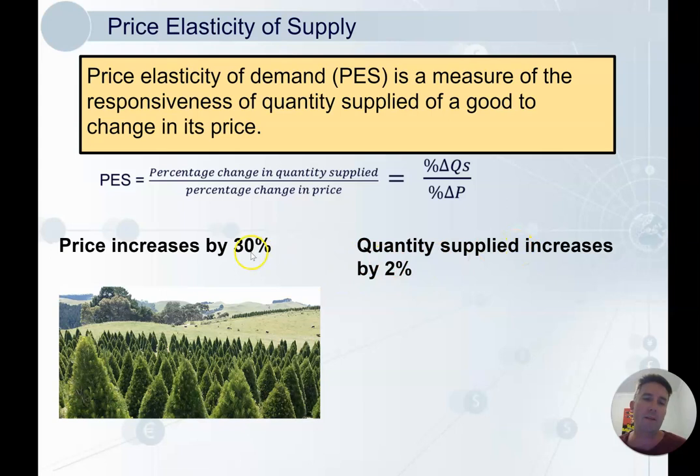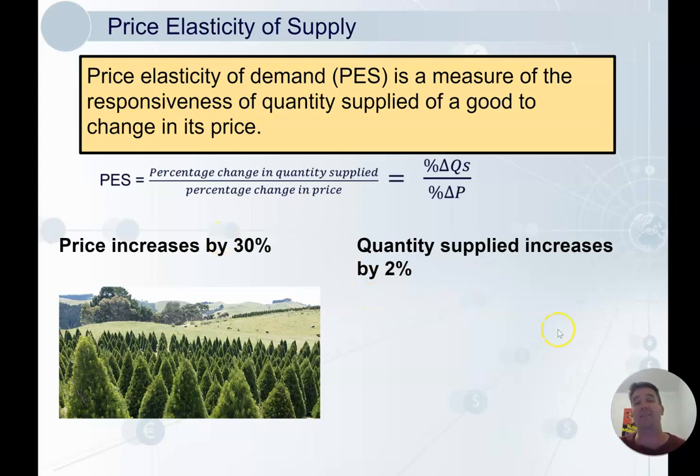What might happen is that some people who have the right sort of tree might go, oh, look, it's actually worth my while to sell this tree now. So it might get a few more on sale, but really, they're not able to be responsive to the change in price, right?